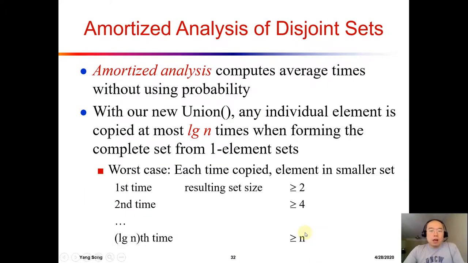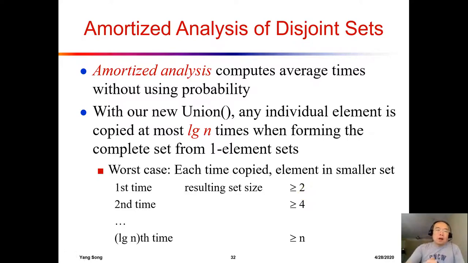So how can we do that? This is a new trick of analyzing time complexity, called amortized analysis. We can consider it this way. If we only copy the smaller set into the larger set, and we just consider one item, then the first time this item is copied, it is copied to a destination set which has at least two items.